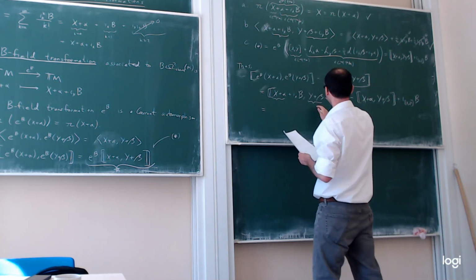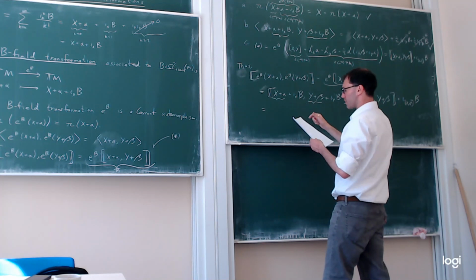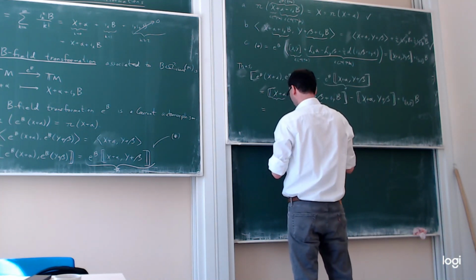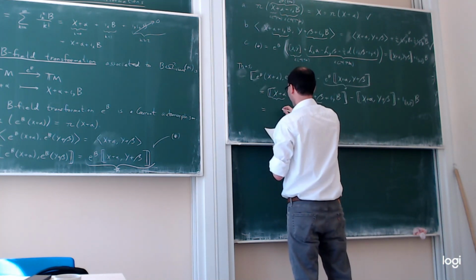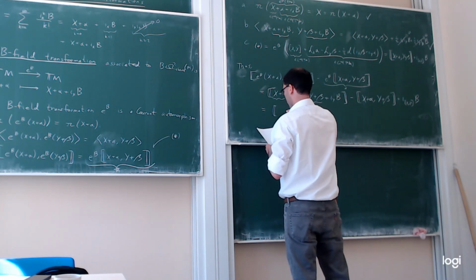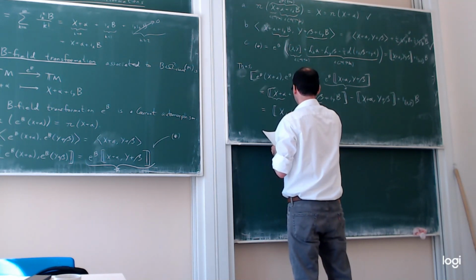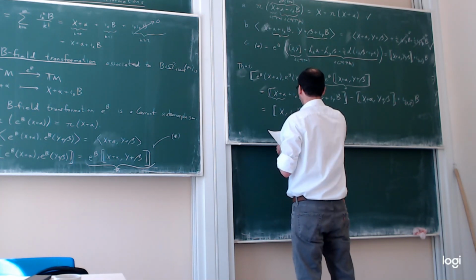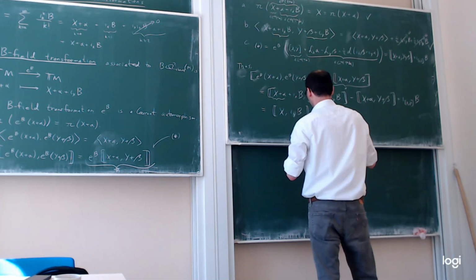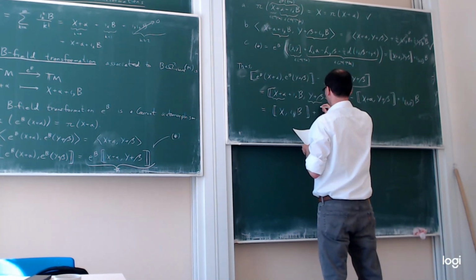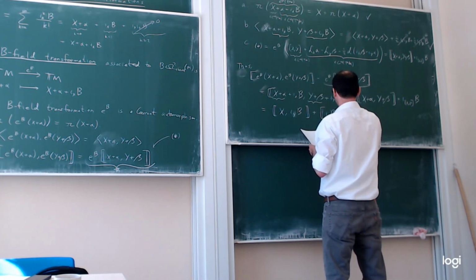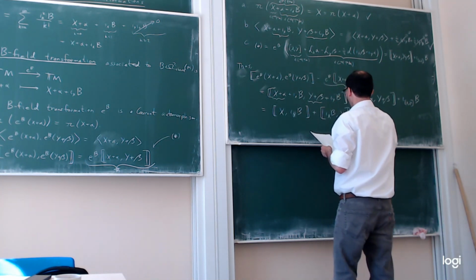So actually we end up just getting two terms here, and those are the Courant bracket of x and the interior product of y with b, plus the interior product of x with b with y.